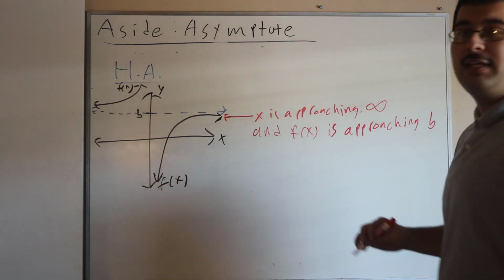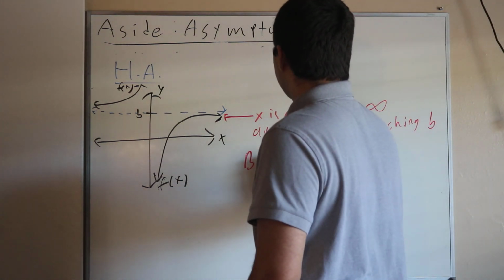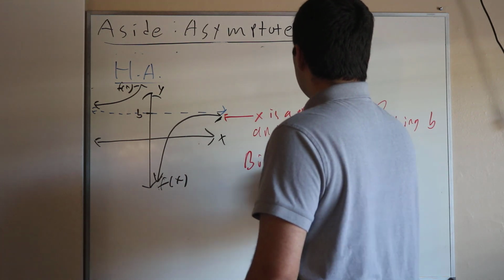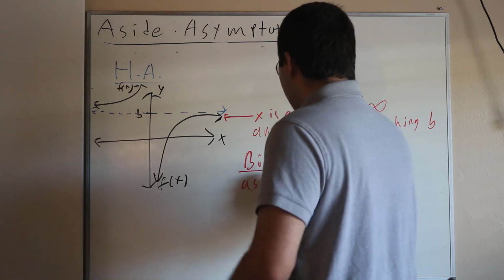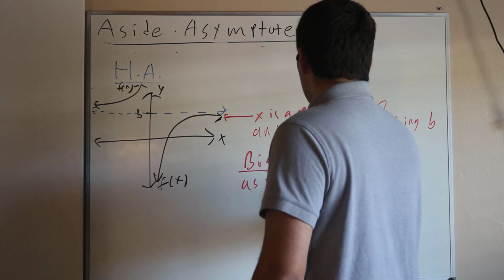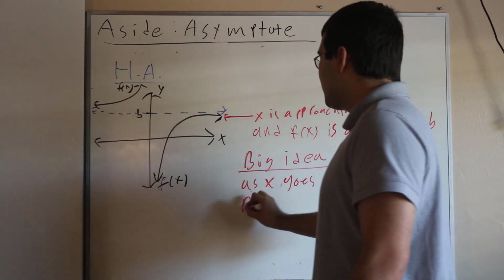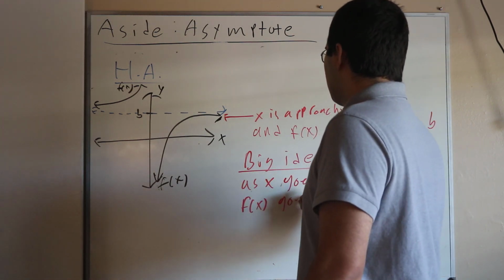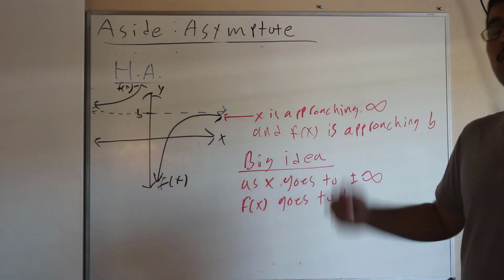b. So that's the big idea. So again, just to reiterate, big idea: as x approaches infinity, or in other words, as x goes to plus or minus infinity, f of x goes to b, but will never equal b or cross b.